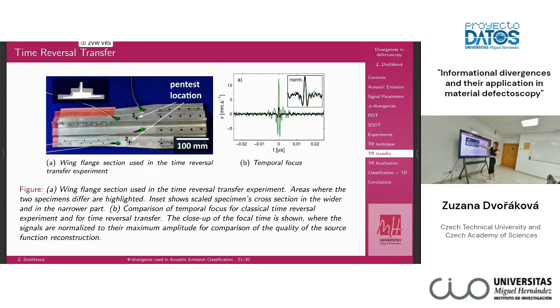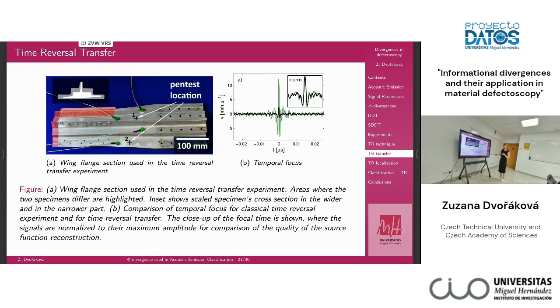And we did the pen test here, and there was a question if it is possible to measure forward propagation of the signal on one part and the backward propagation on another piece of this material.